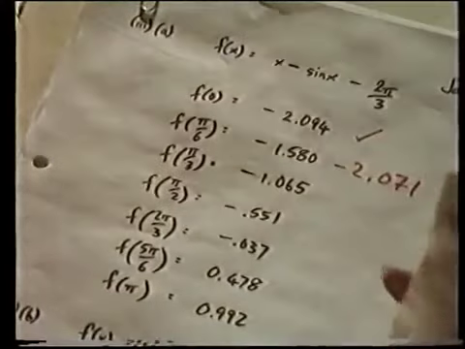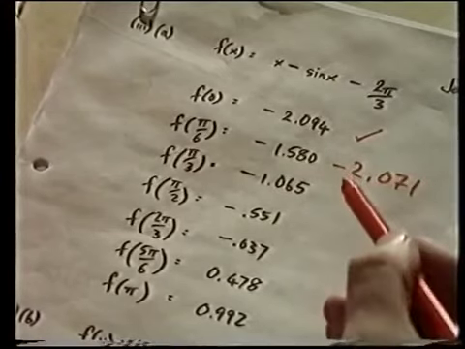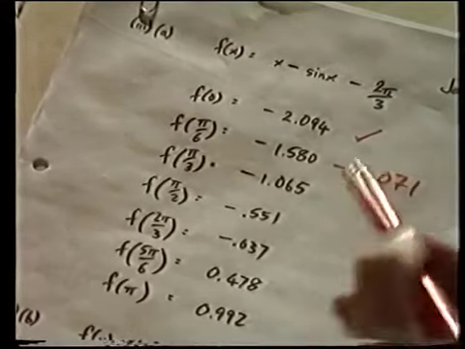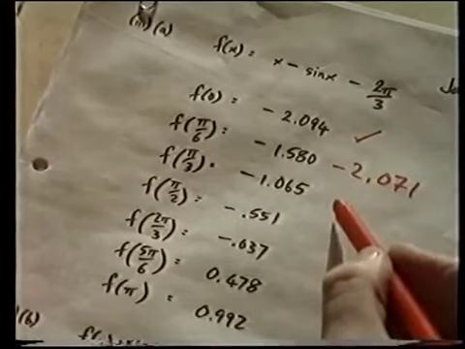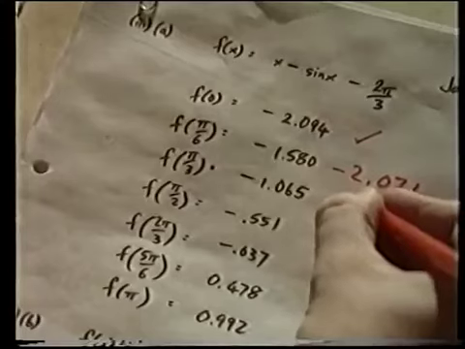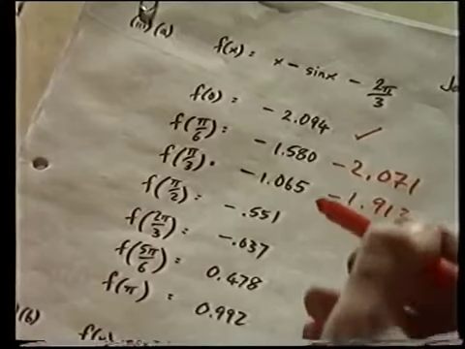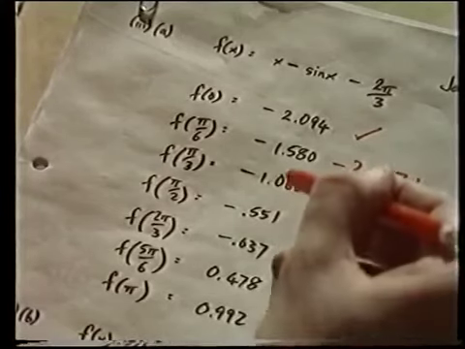But the mark scheme has got minus 2.071. So maybe the student's made a slip there. Well, let's look at another value. F of pi by 3, the student's answer is minus 1.065, but the mark scheme gives minus 1.913. And in fact, the student's answers disagree with the mark scheme all the way down.